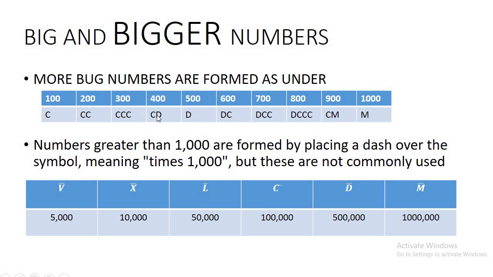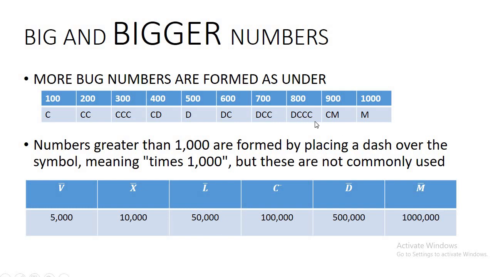Similarly, if CD is 400, then DC will be 600, because now the value of C will be added to 500. So 100 plus 500 gives us 600. Similarly, DCC: D represents 500, C represents 100 two times, that means 200. So 500 plus 200 gives us 700.